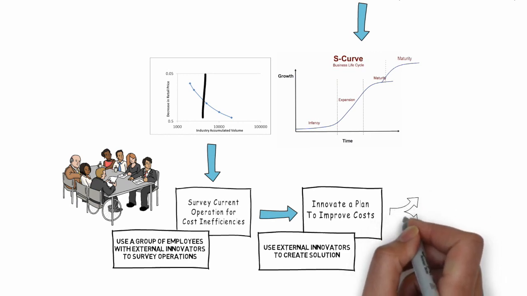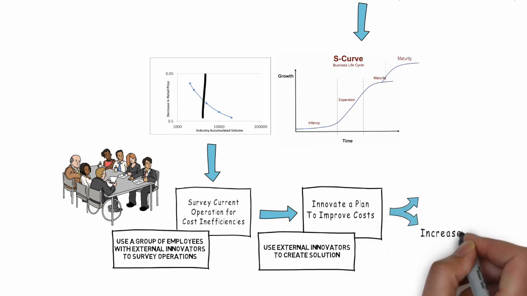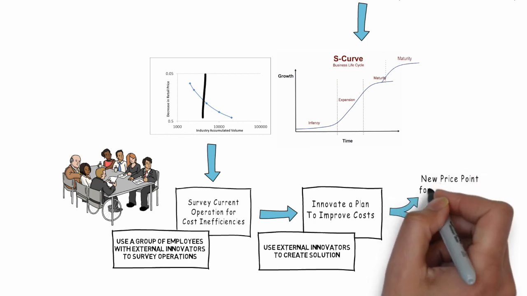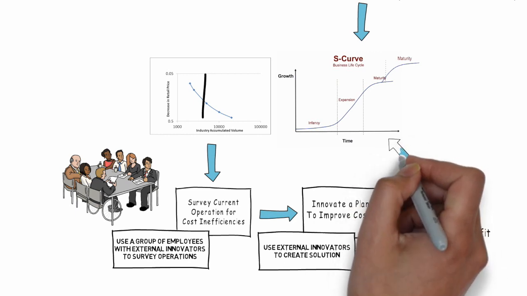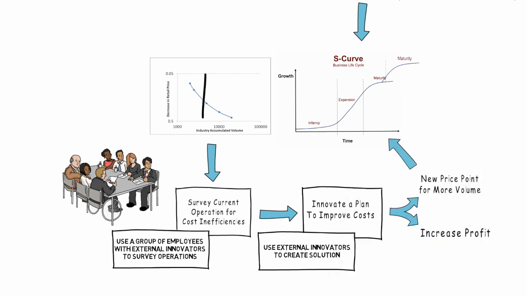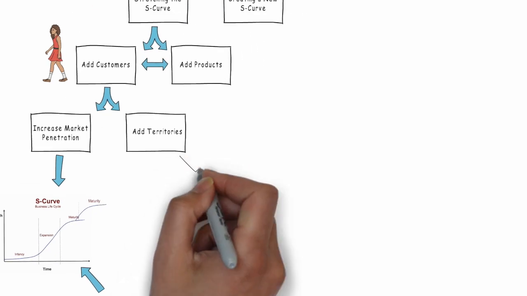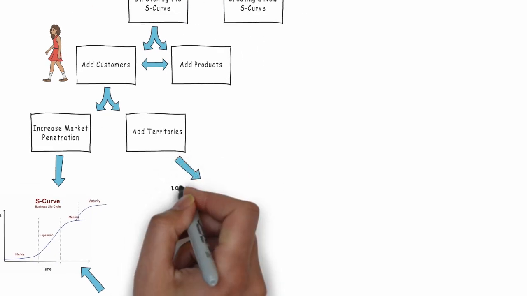This should result in a reduction in cost, which can either be appreciated as an increase in profit, or one can use the reduction to achieve a new price point and thus expand market penetration. Adding territories can be done in 4 different ways.